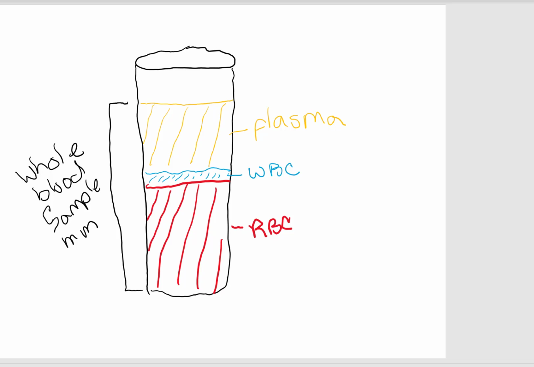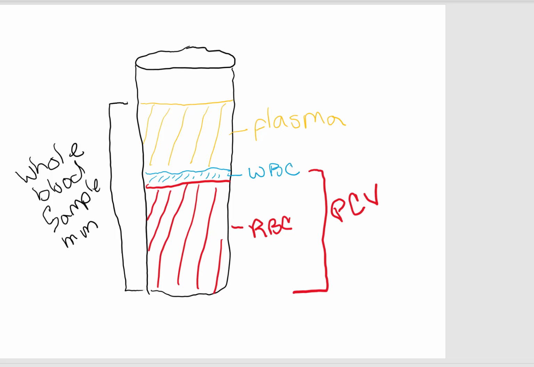The next thing you measure is the red blood cell layer. However, that white blood cell layer, that Buffy Coat, sometimes is so thin, it gets incorporated into our measurement. So sometimes we say it's the packed cell volume, PCV.